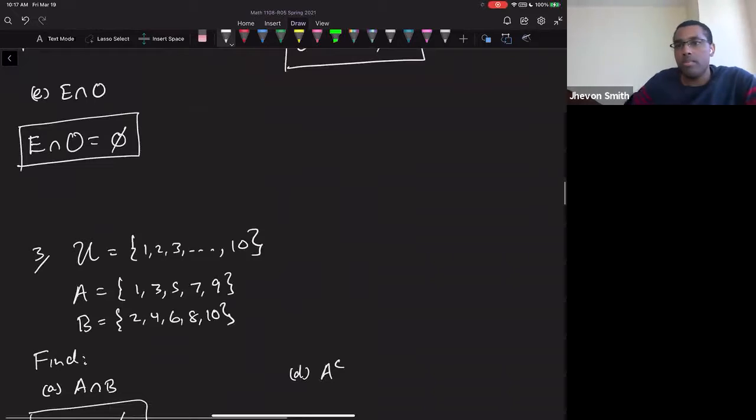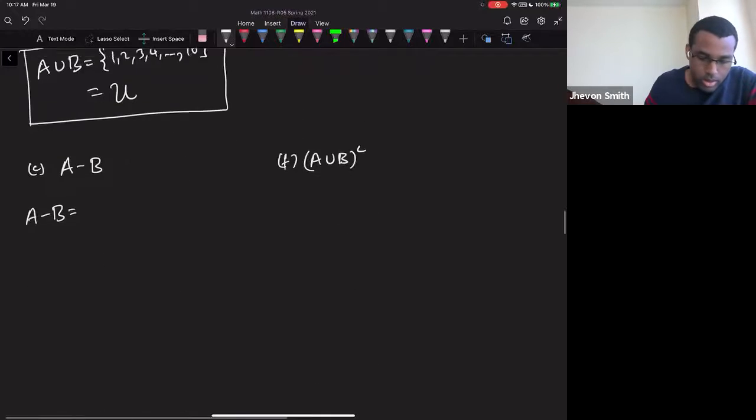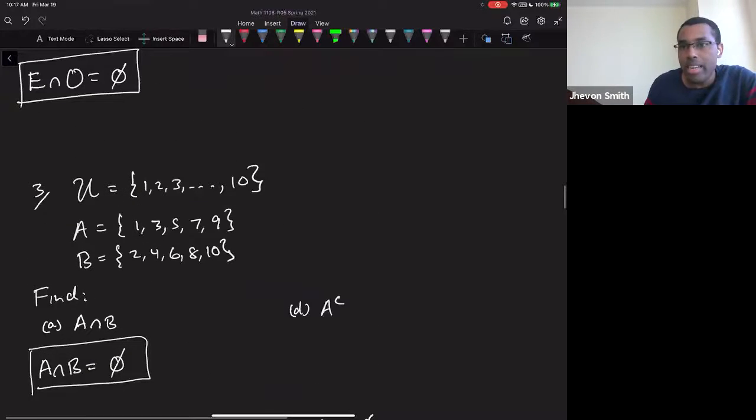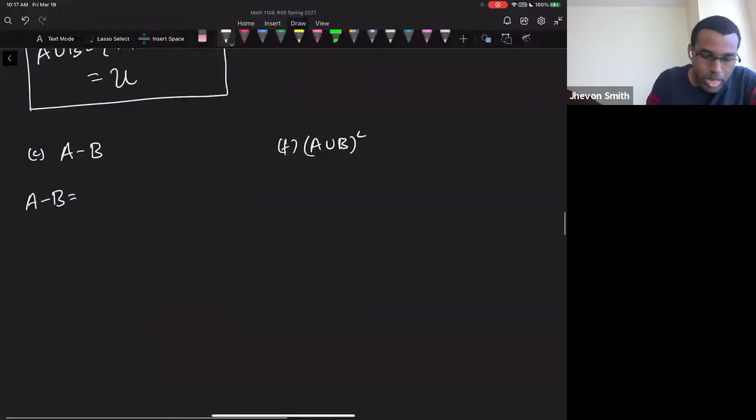A minus B means you start with A, and then you throw away anything that is also in B. However, there's nothing in A that is also in B, which means you don't throw away anything. You're still left with 1, 3, 5, 7, 9. You're still left with A.